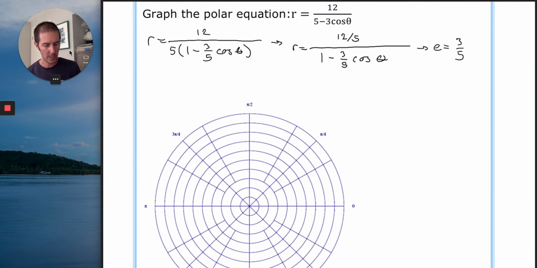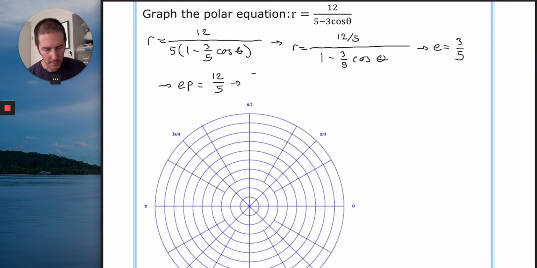And then we'll utilize the fact that our numerator contains ep, and we'll combine that with our e value in order to calculate our p value. Coming down onto the next line, ep is equal to 12/5.